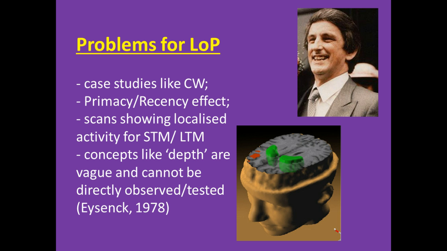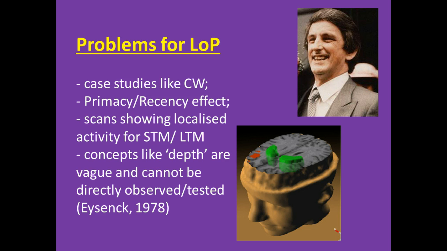Obviously, with Clive's long-term memory being intact and his short-term memory not being intact, it does indicate there are two separate stores. The primacy and recency effect also indicates there are two separate stores, the short-term memory and the long-term memory. And when you've got scans showing localized activity for the short-term memory and the long-term memory, again, it indicates two separate stores.